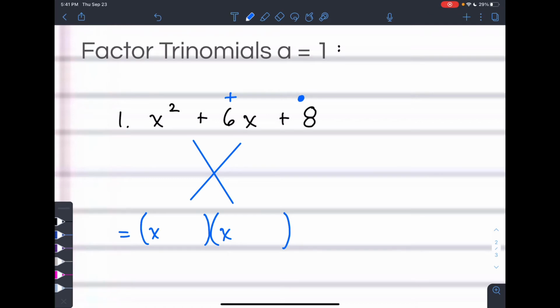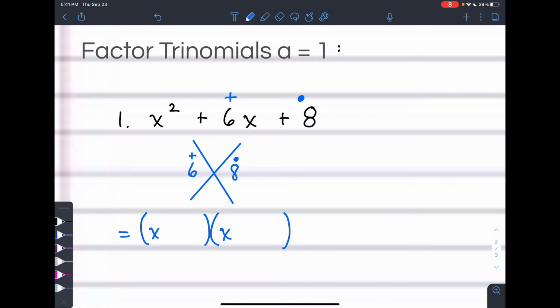Okay. So in this little x, we're going to just use it to organize the information. So we're going to jot down an 8 here, and a 6 here. Okay, this is our little reminder to ourselves that we're thinking of two numbers that we're going to place here and here that multiply to 8 and add to 6.